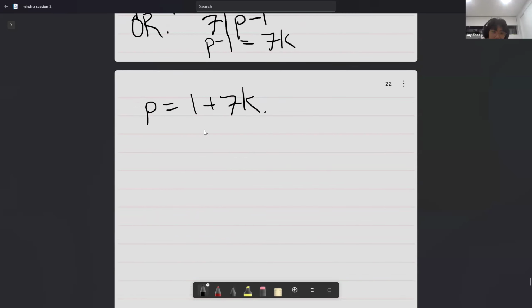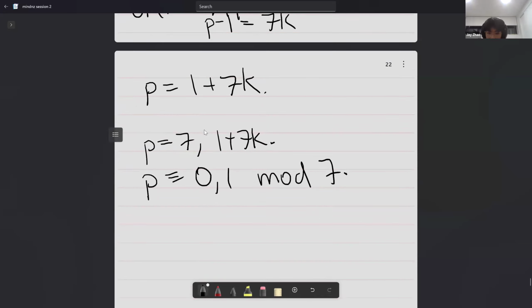So p is either equal to 7 or 1 plus a multiple of 7. So p is congruent to either 0 or 1 mod 7.